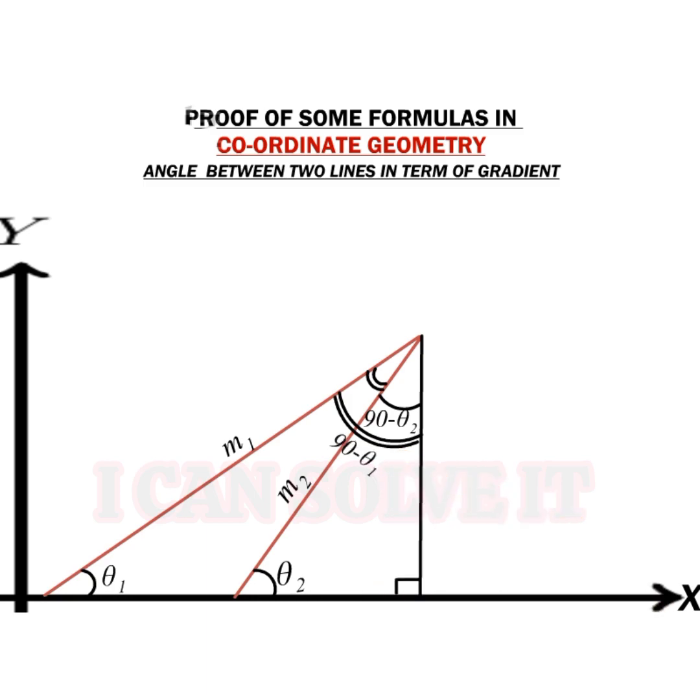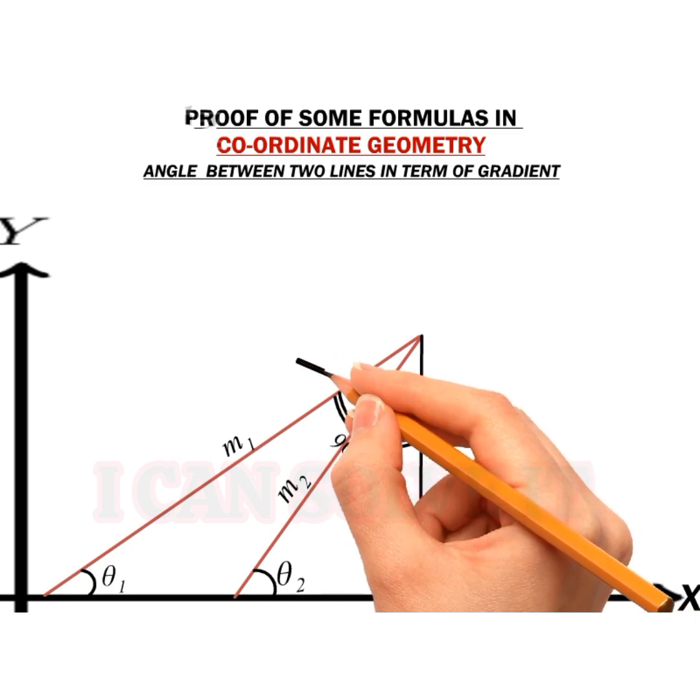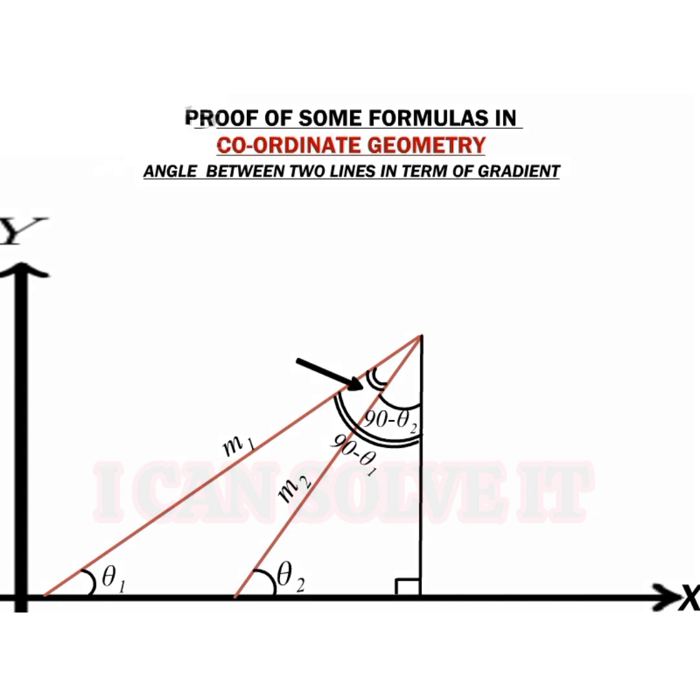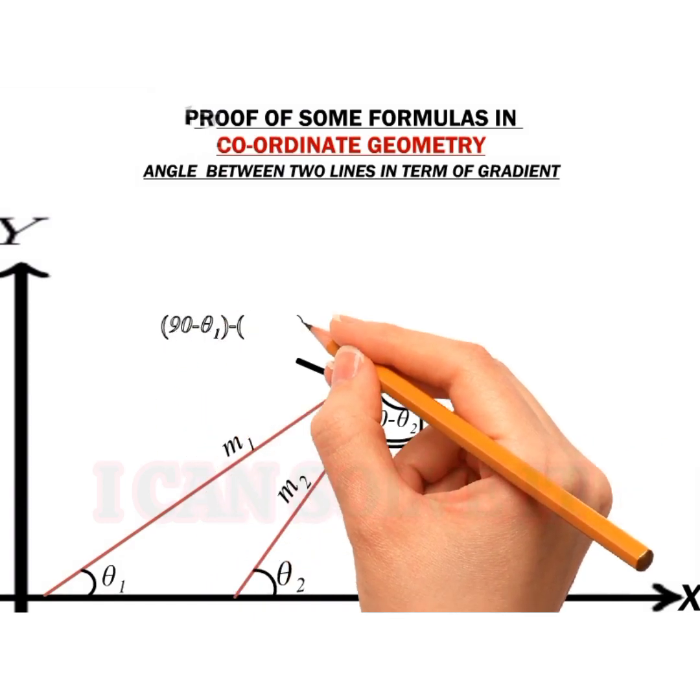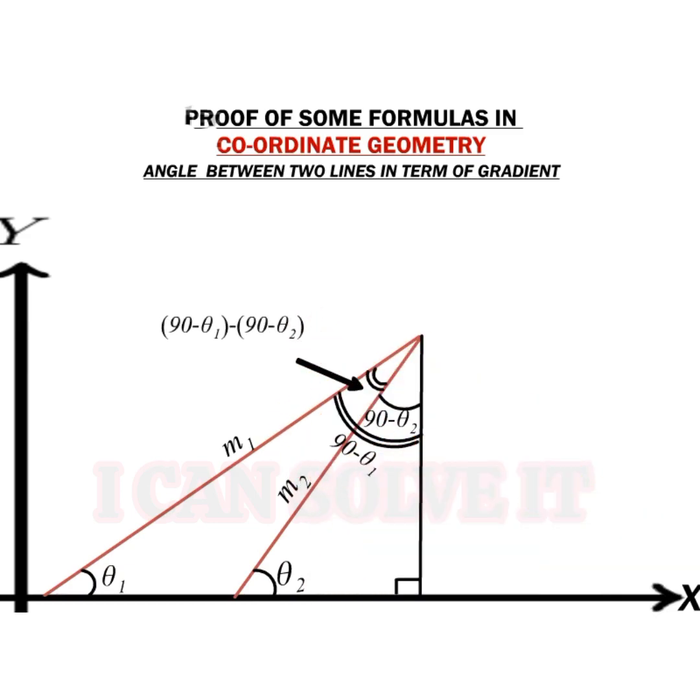But we are most concerned about the angle here, which is the angle between the two gradients. So, we subtract the angle of the second part from the total angle to get the required angle, and this is equal to θ2 minus θ1.